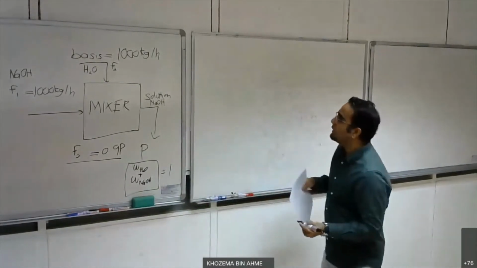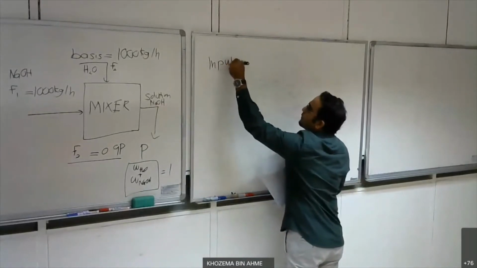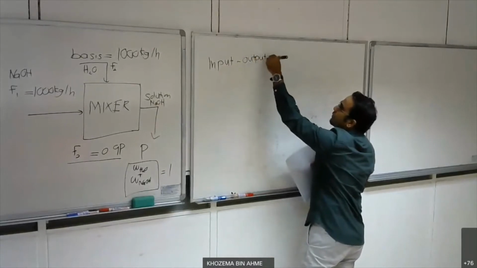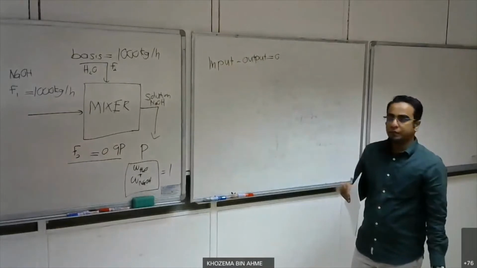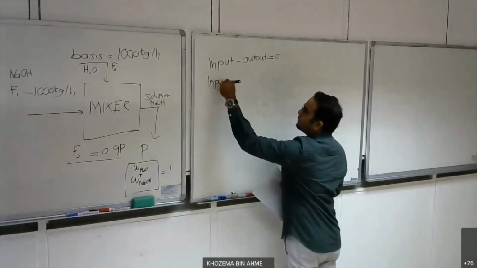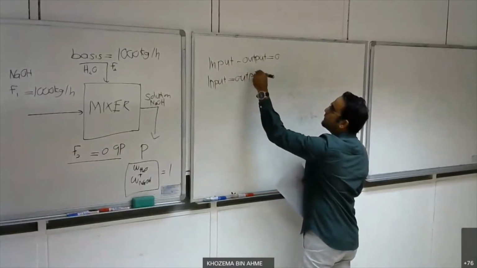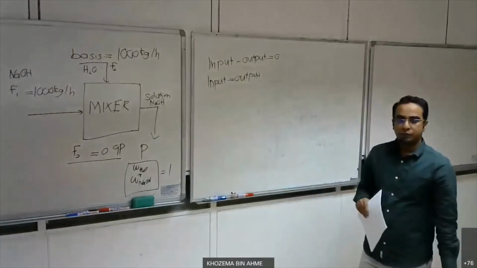So the only thing left is input minus output is equal to 0 from our general equation, or we can also write input is equal to output. I just carry over output to the other side of this equal sign.